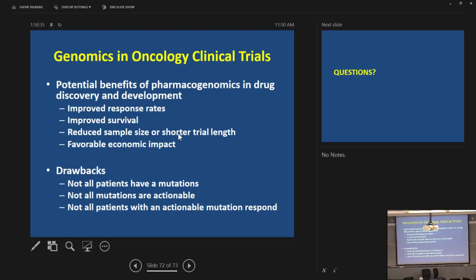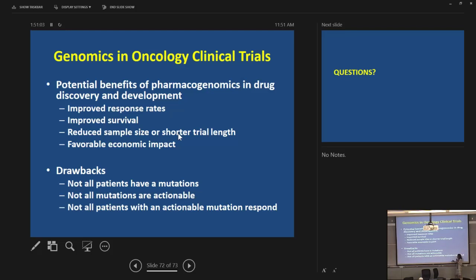And there are lots of benefits, right? Improved response rates for patients. You have lung cancer patients who normally lived maybe a year, now live 7 years. And improved survival. We can sometimes do trials with a smaller number of people over a shorter amount of time. That is always favorable because it decreases drug development costs and maybe can decrease overall drug costs. Maybe, maybe not.